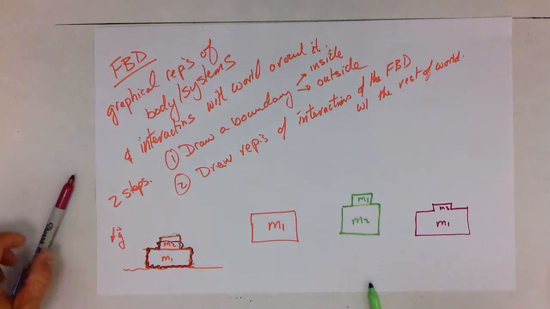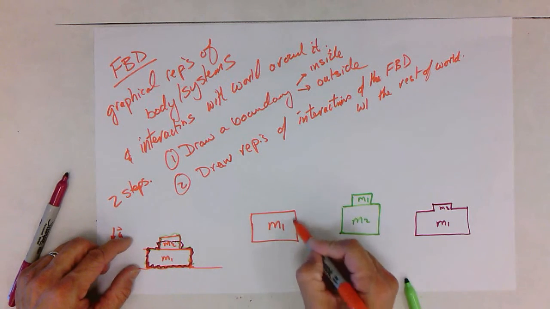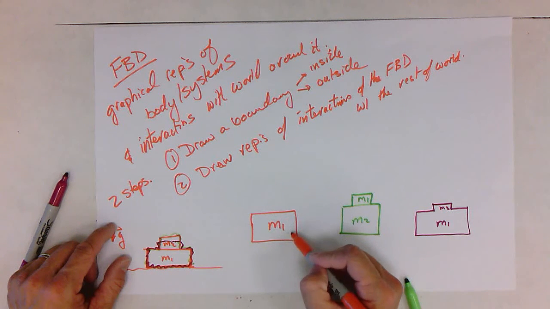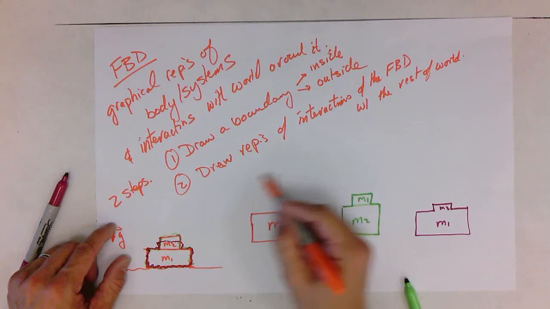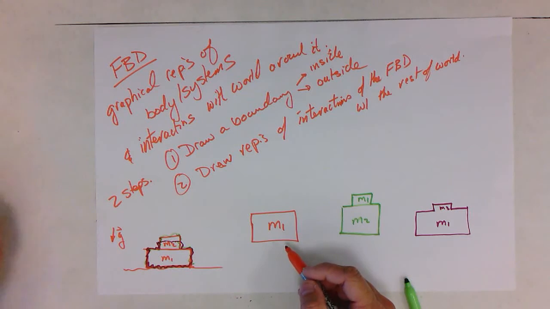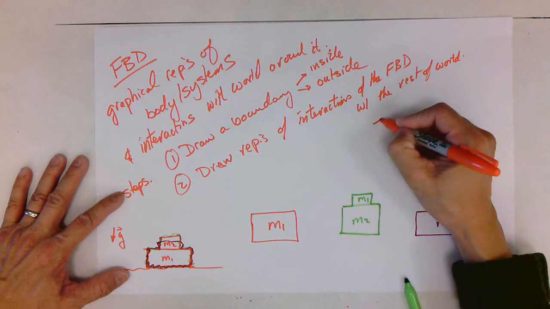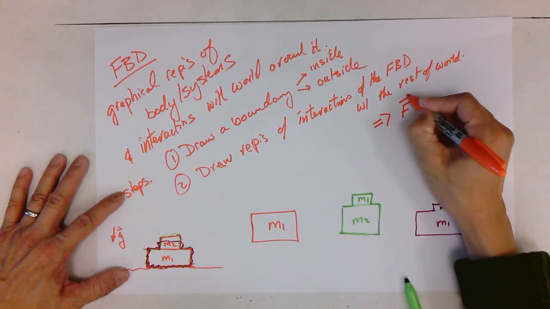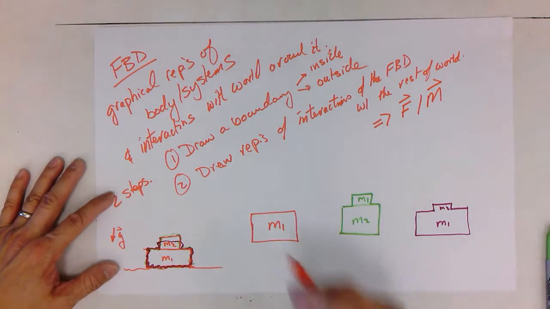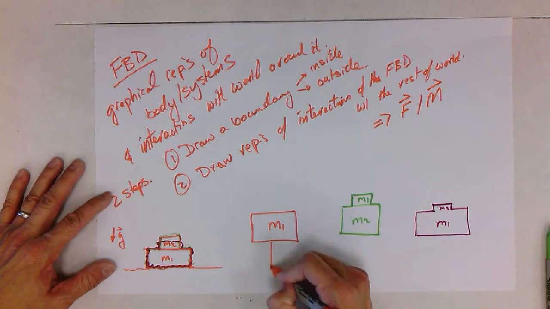I've defined what's inside and what's outside. So in this case, the boundary of the box is around M1, so everything inside is inside the free body diagram, everything else is the outside world. If I want to draw the interactions with the outside world, I'm going to draw these through forces and moments. These are the vector quantities that we've talked about. That's how the free body diagram interacts with the rest of the world. In this case, this box is sitting on a table.